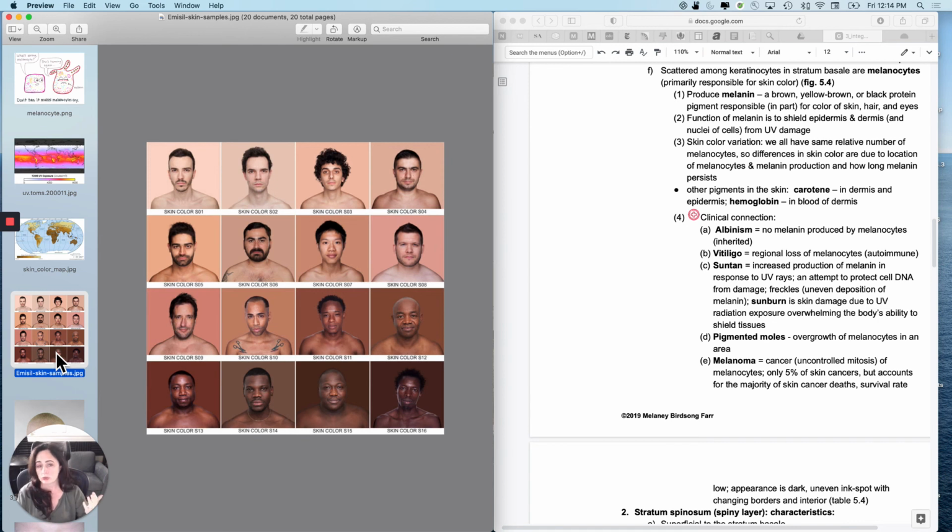So what is true is that we all have the same relative number of melanocytes. Differences in skin color are due to the location of the melanocytes. Do they stay close to the bottom, or do they go close to the top? And also how persistent melanin is.